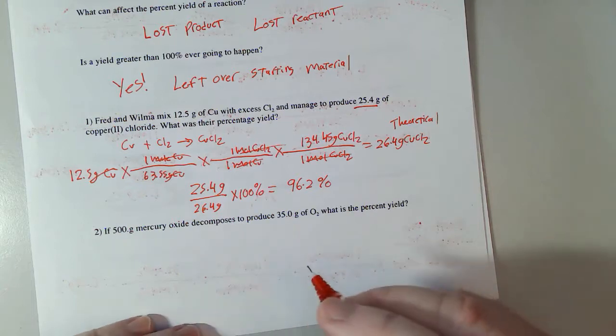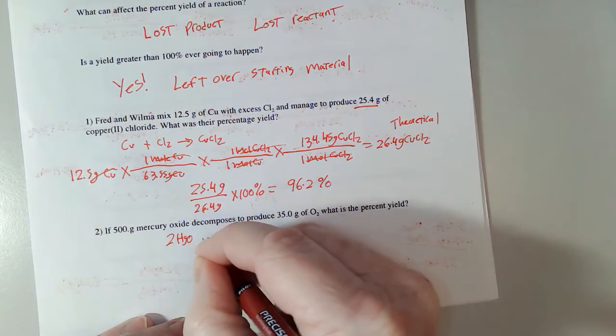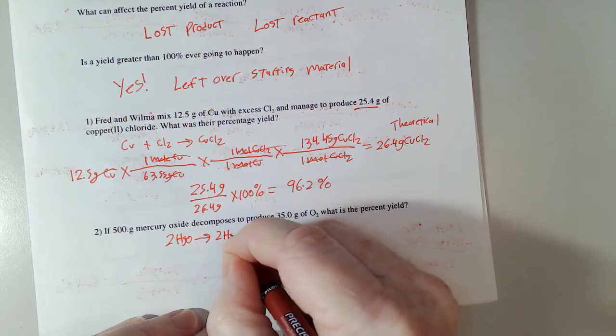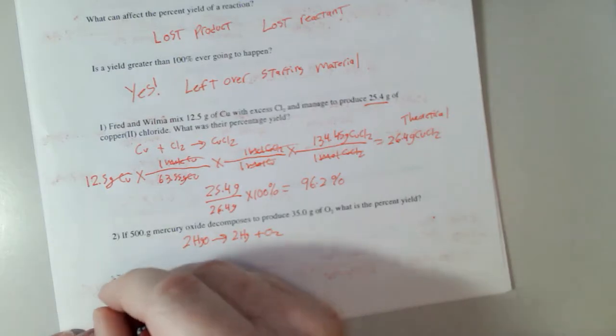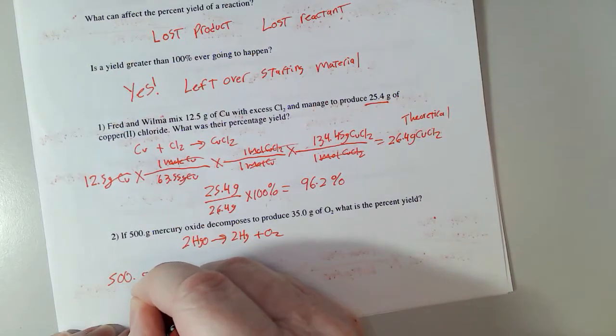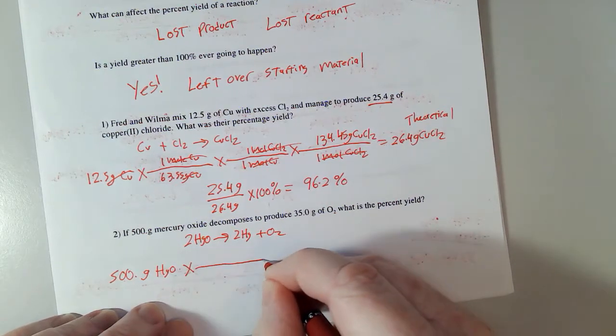Okay, let's see how you did. So mercury oxide decomposes. 2HgO gives us 2Hg plus O2. Okay? I have 500 grams HgO.